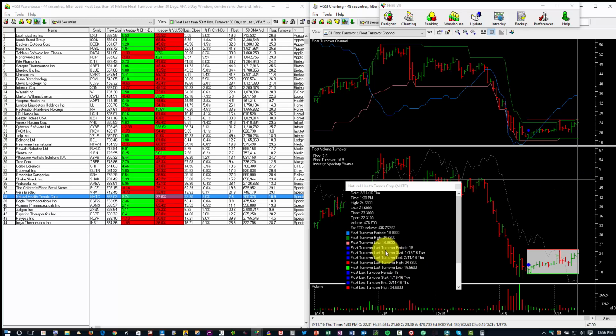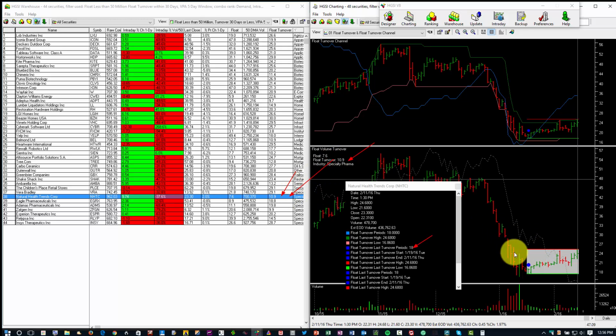Now, the float turnover period, the last period, I'll freeze this, it's 18. The float turnover period here was 10.9. You can see it's 10.9 up here also, which matches the warehouse view.